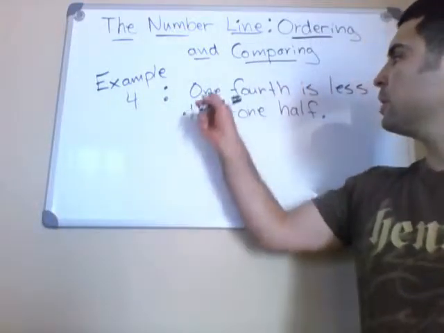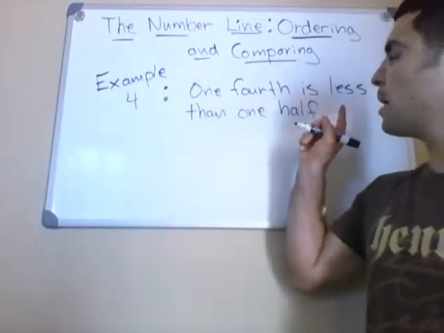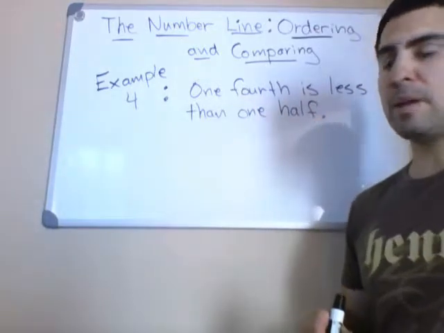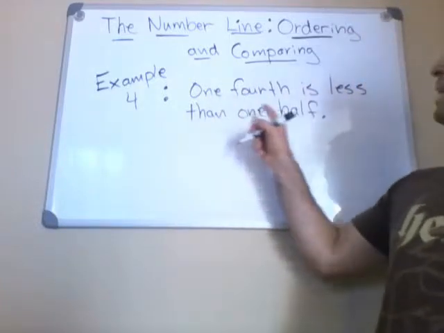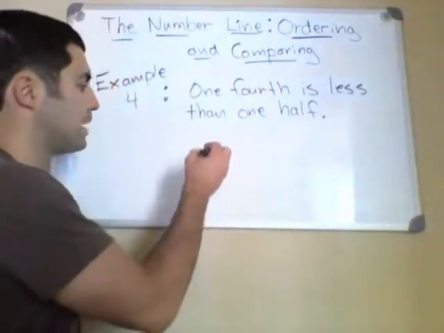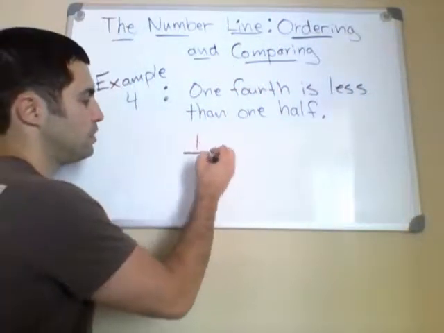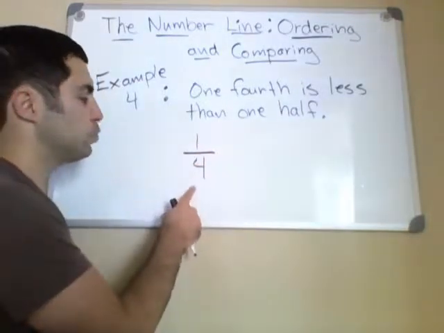Alright, so we're going to rewrite this word problem as a mathematical expression. It says 1/4 is less than 1/2. If we're going to do 1/4, we write that like this, 1/4. That represents 1/4.